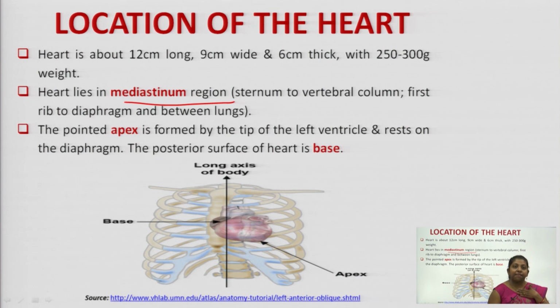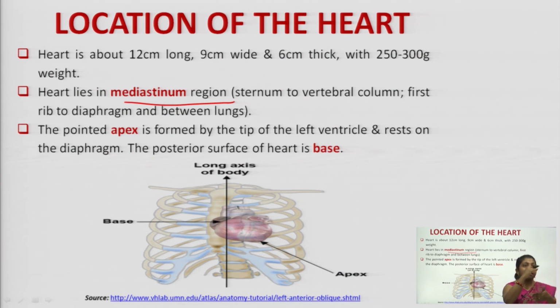So, this place can be elaborated as your heart is situated in between your sternum from the front side, means from anterior ways it is your sternum that is present, and from the posterior side or the back side it is the vertebral column that is present. So your heart is situated in between your sternum and your vertebral column. Anteriorly sternum is present and posteriorly vertebral column is present. That is the front and back section.